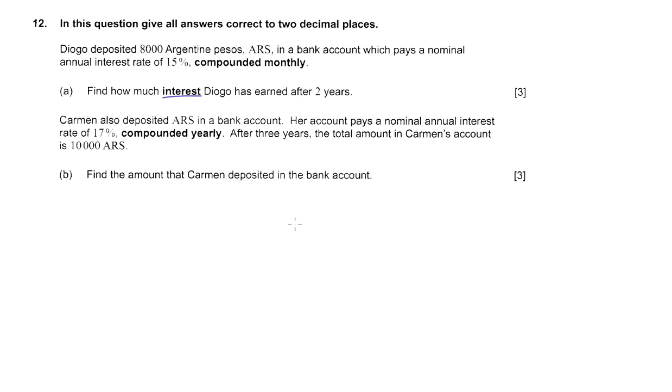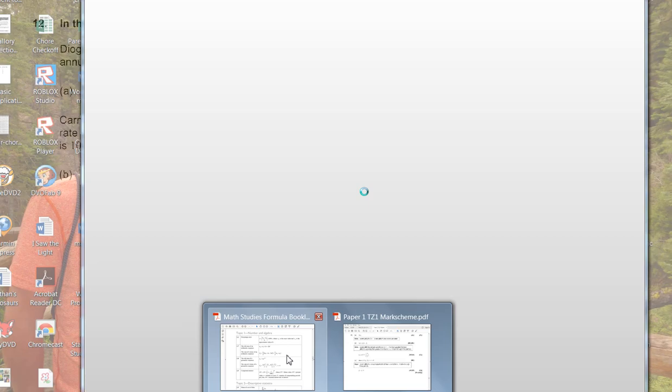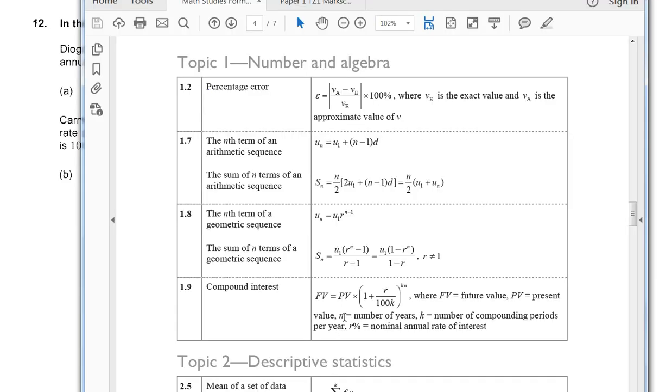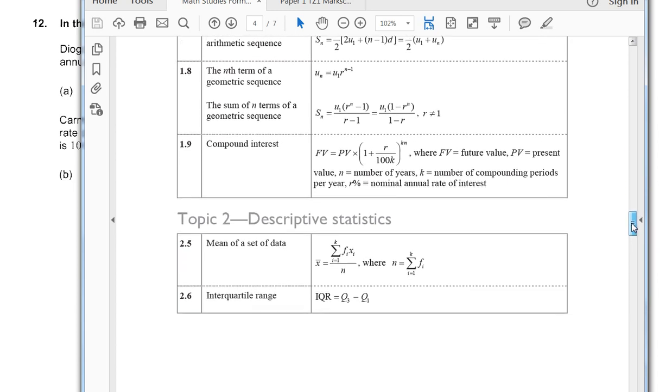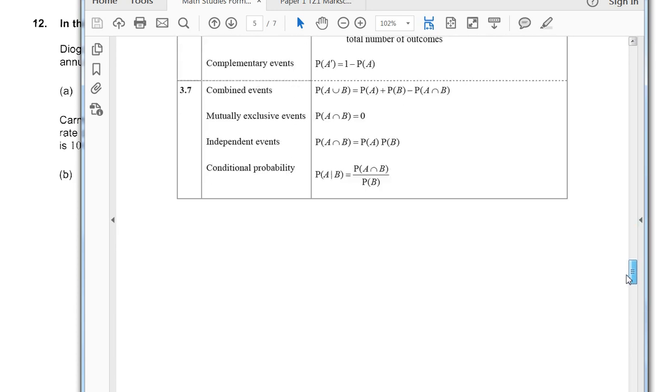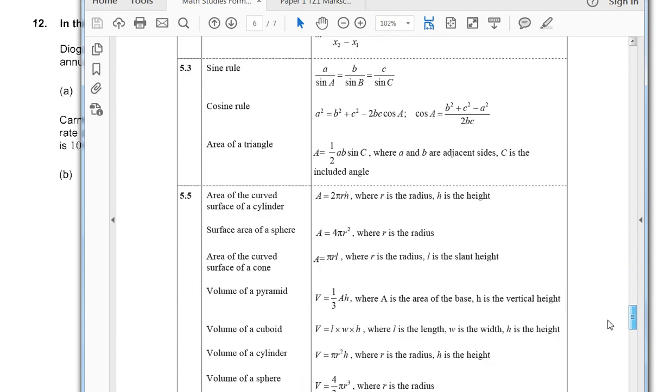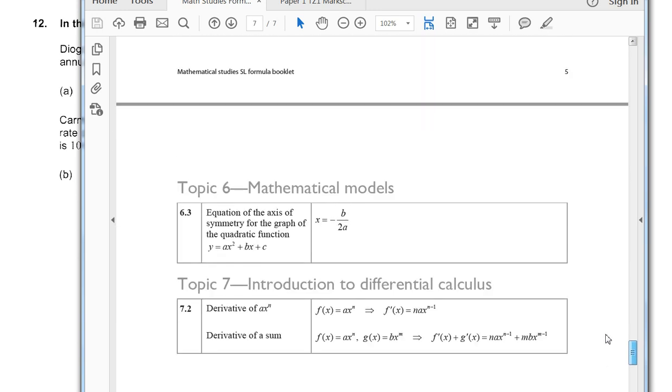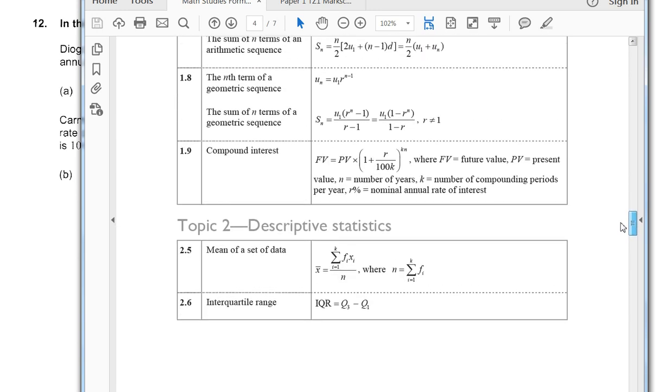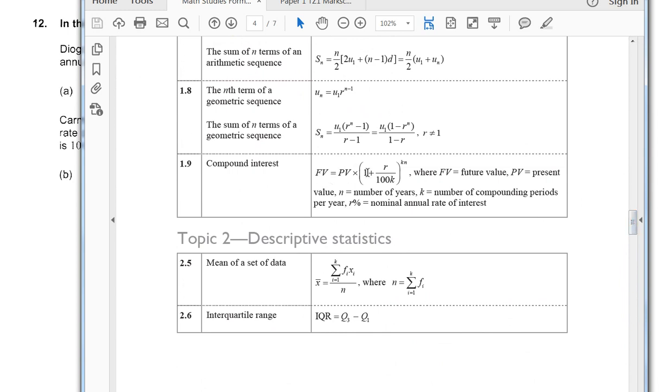Now this is where you can use the compound interest formula that they give you, which is somewhere on here. I'm not sure where it is. There it is. Here's the compound interest formula.